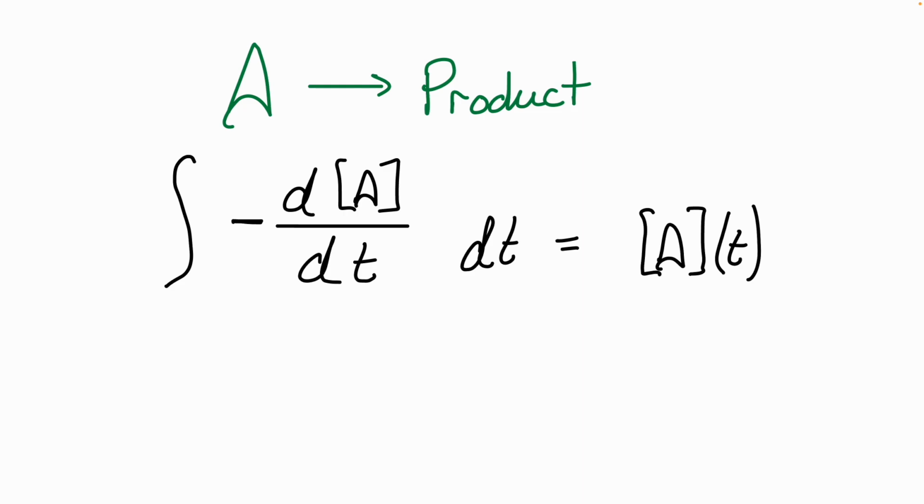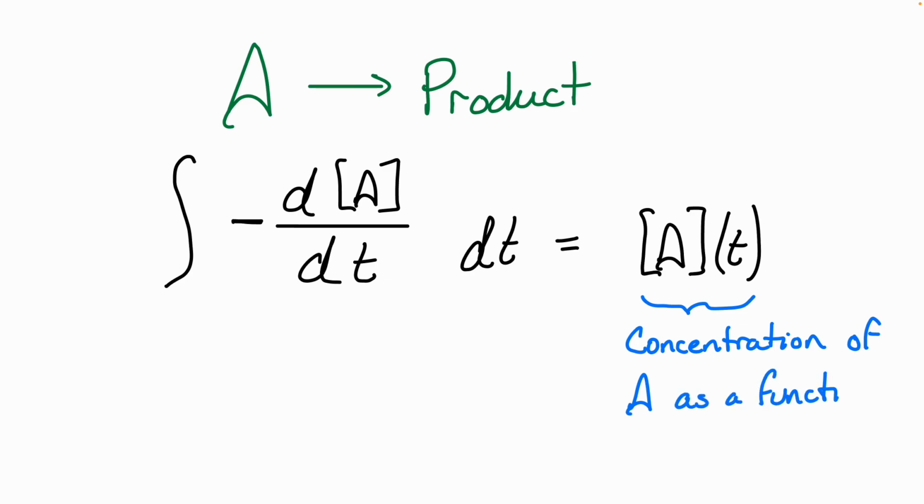What's going to happen is I'm going to give you the results, the punchline of these integrations. Importantly, we are going to use this; you're going to see a lot of it. This is the concentration of your reactant A as a function of time.